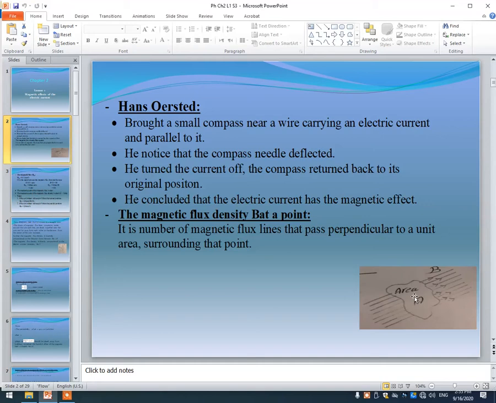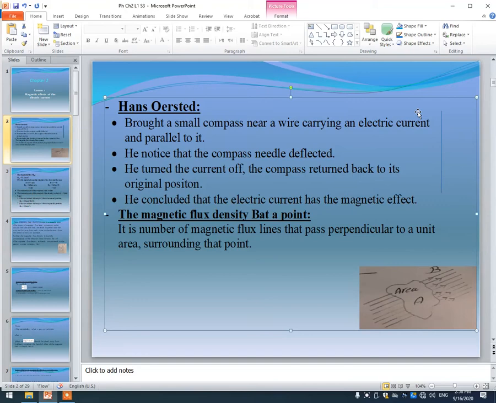Of course, dear student, you know that passing the electric current changes the area around it by producing a certain invisible power. Hans Ørsted discovered this power by bringing a compass, which, of course, you know is a magnetic needle. This magnetic needle is put beside the wire. Imagine this is the wire, and there is an electric current I passing through it.